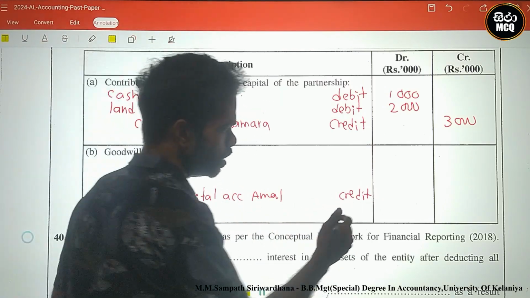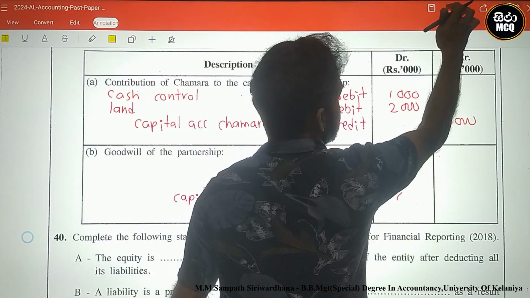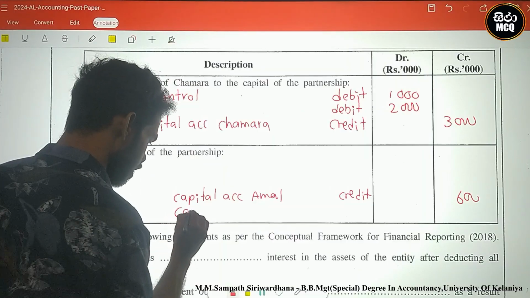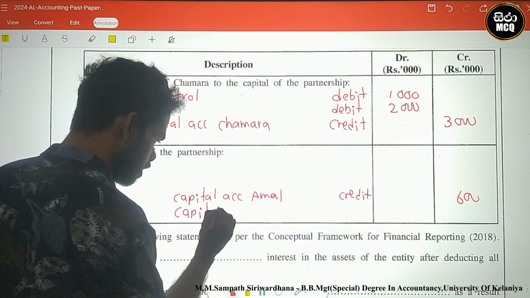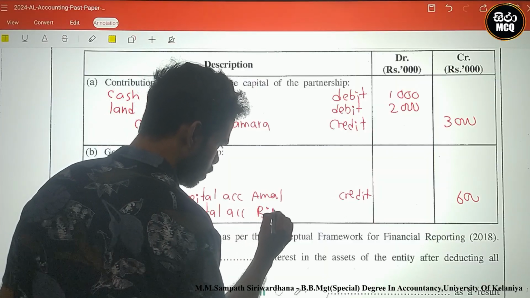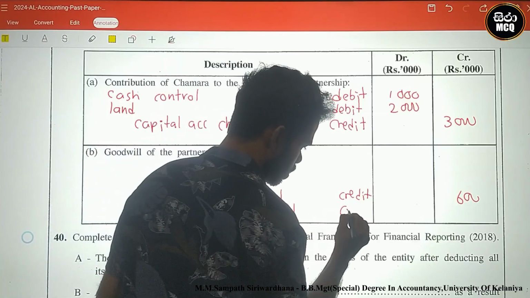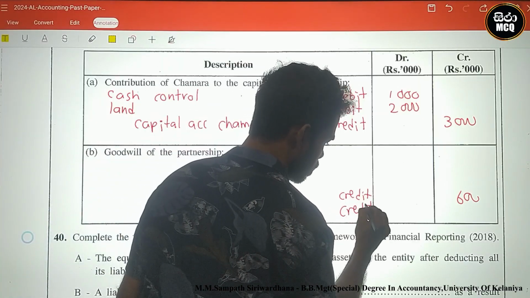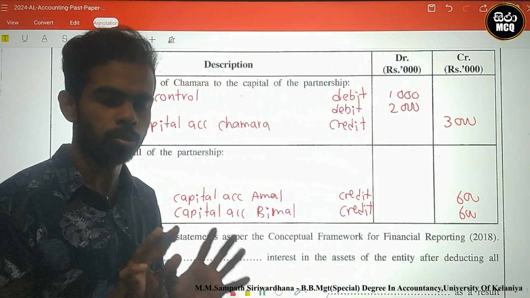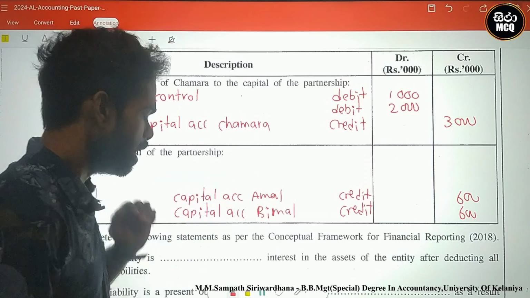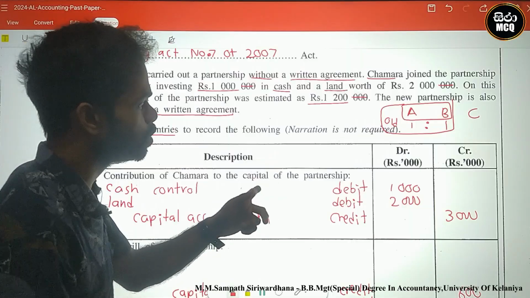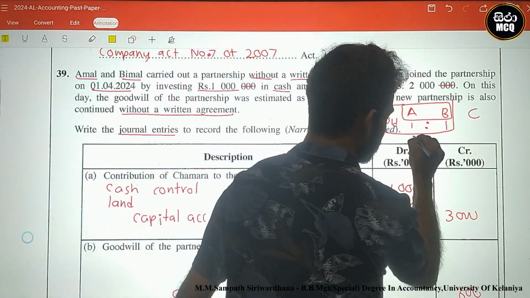Again, Bimal capital account credit 600. 600 and 600, total is 1,200.